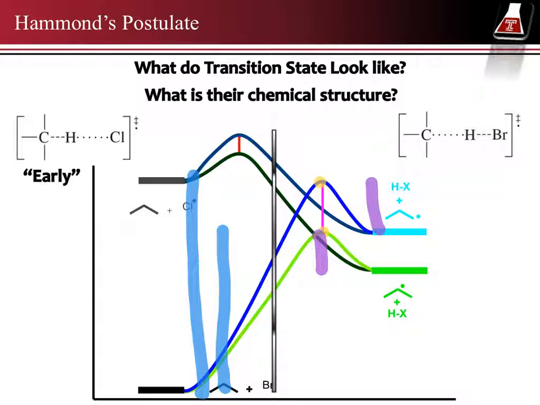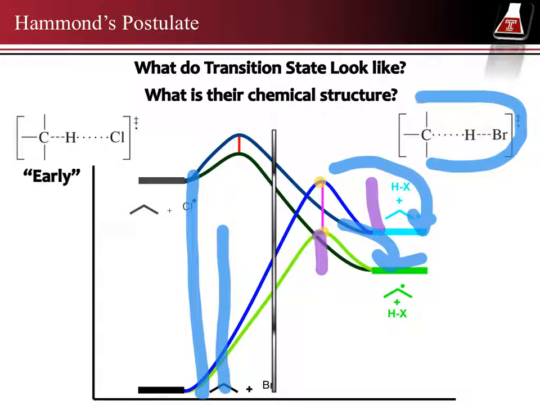So the transition states are much closer to the products. Since they're much closer to the products, according to Hammond's postulate the transition state resembles products more than starting materials, and that's why in this case you have the hydrogen more closely bound to the bromine, where it is attached in the product, than to the carbon.